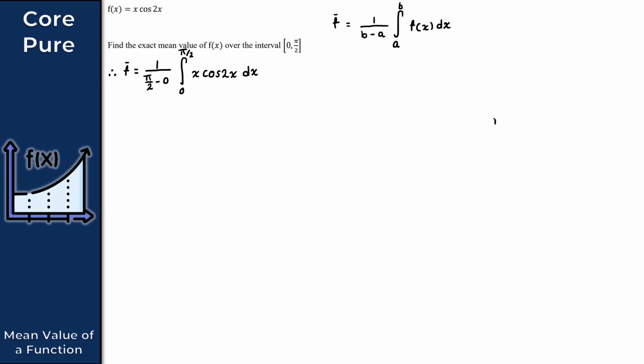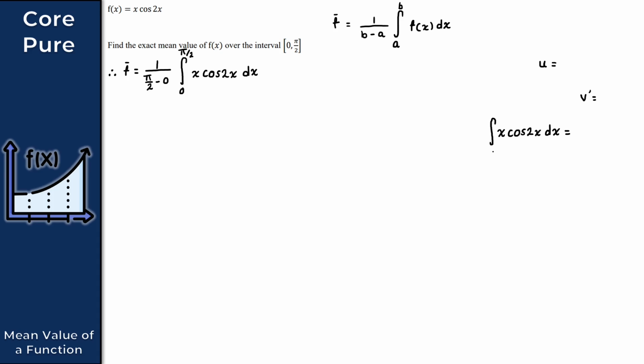So let's just evaluate this integral here then using integration by parts. So we have the integral here of x cos 2x with respect to x. So what we need to do here is choose u and also choose v prime. In this case here, u will either be x or cos 2x.